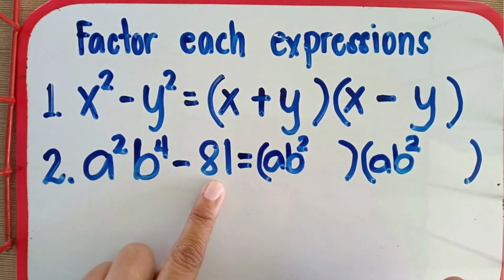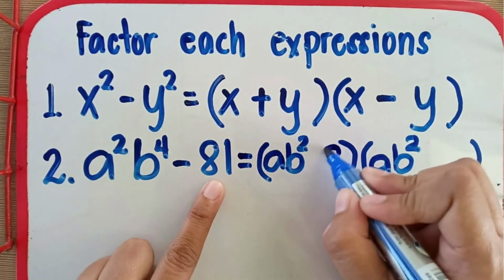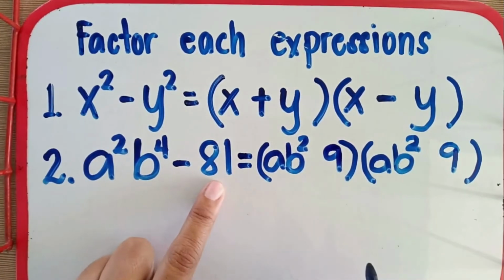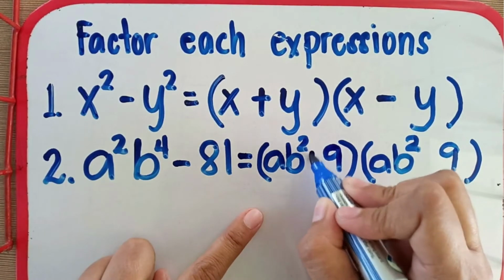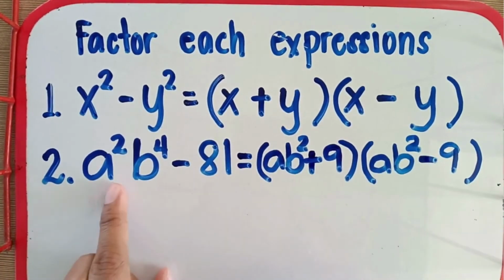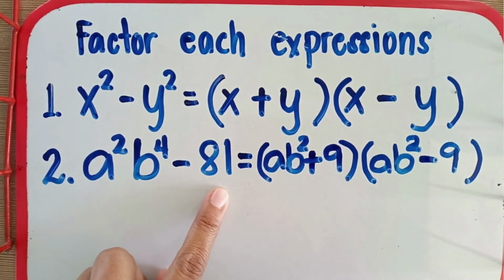Then the square root of 81 is 9. Then we express this as the sum and difference of the square roots of these two terms.